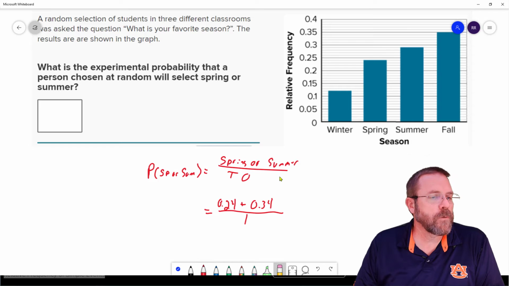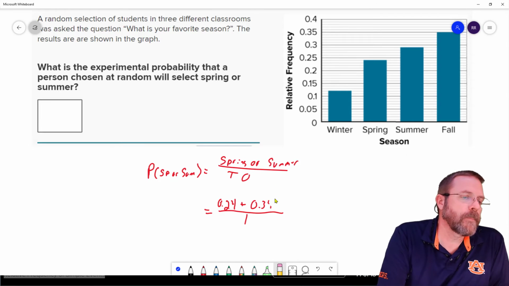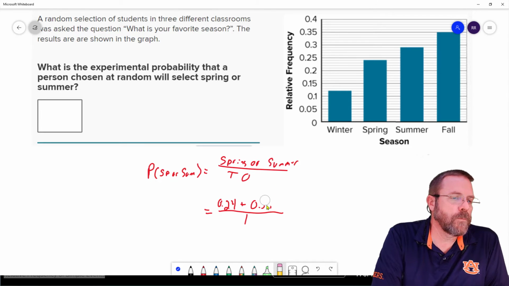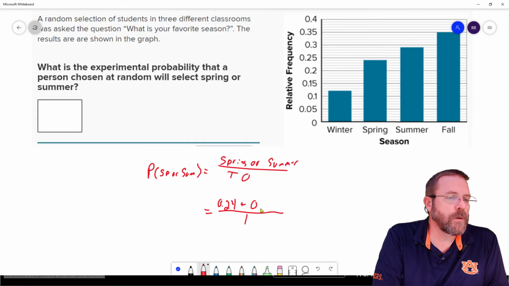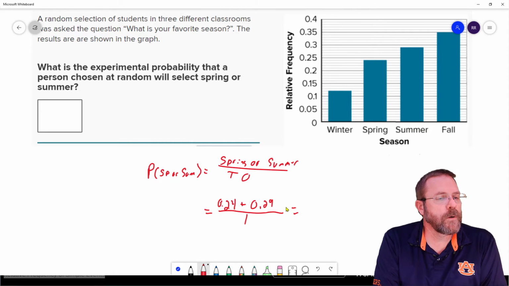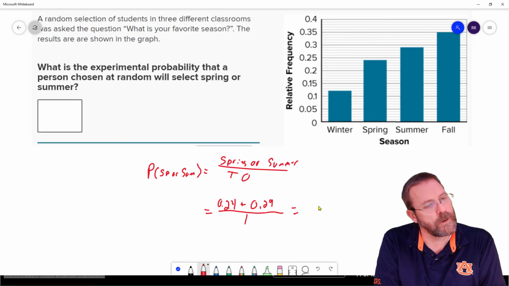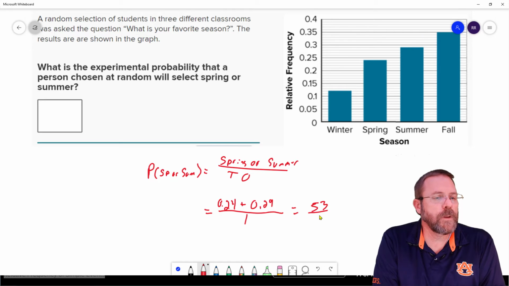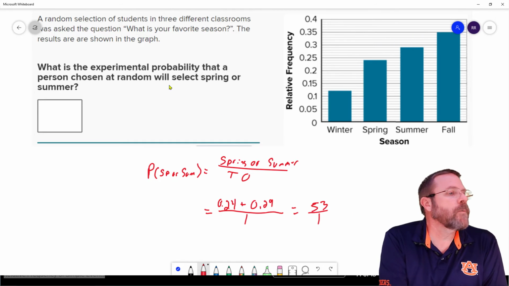So we need to correct this value right here and make that into a 0.29, and it is going to be over 1, and that means you add those up. 0.24 plus 0.29, that's going to be 0.53, so it's going to be 53 out of 1, and they want us to know what's the experimental probability.